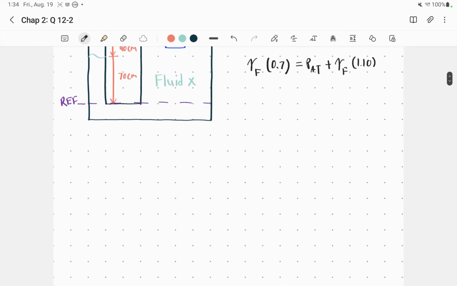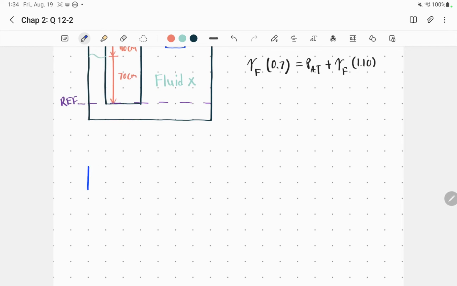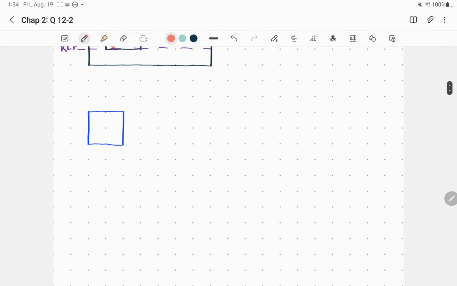So let's start with the free body diagram. In this free body diagram, there's only two forces acting on this block of wood, or at least only two forces that we care about. First, we obviously have the weight, so W of the wood.